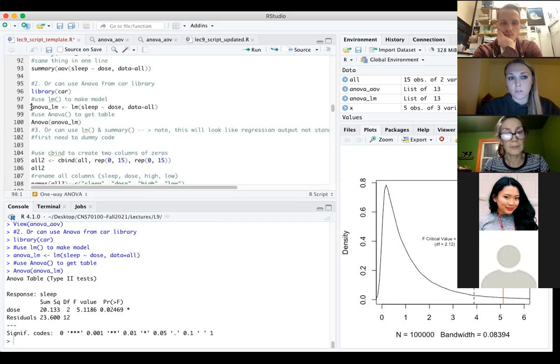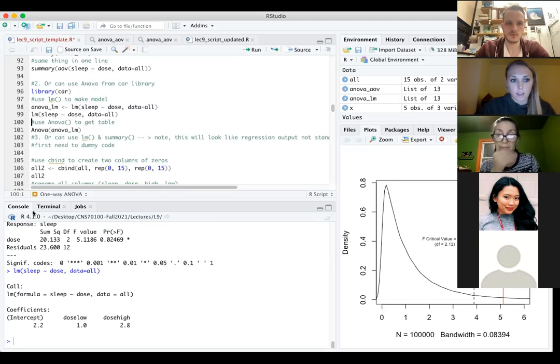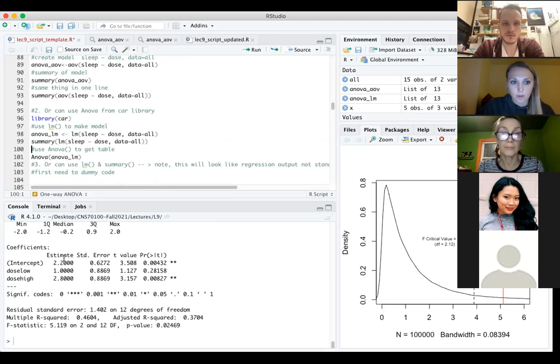If you just do the LM function here, it gives you the regression based output, like the intercepts and everything. Oh, it's summary. I always forget the summary statement every time. Yeah, so this will give you the regression based output here where you have your parameter estimates, standard error, t-values, p-values, intercept, your R squared, all of that.